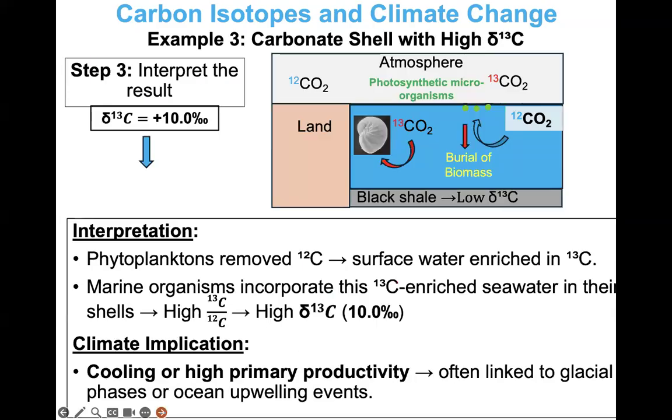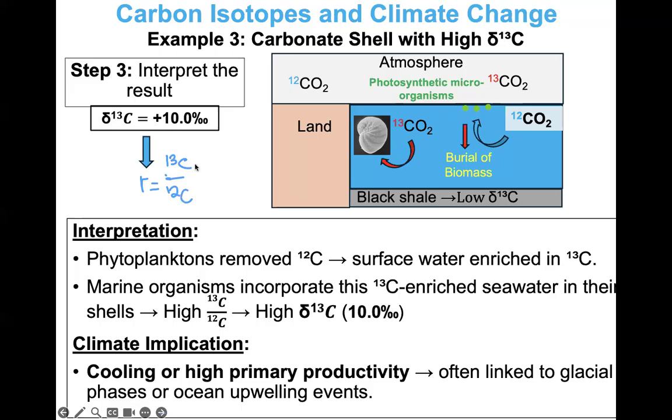What does this plus 10 mean? How can you interpret this positive delta 13C? Definitely, if you go back to R, one best way to understand this is to go to the R ratio, for example, 13C divided by 12C.